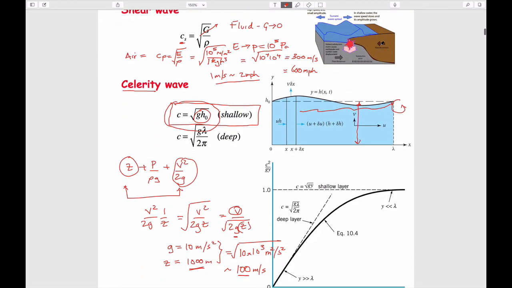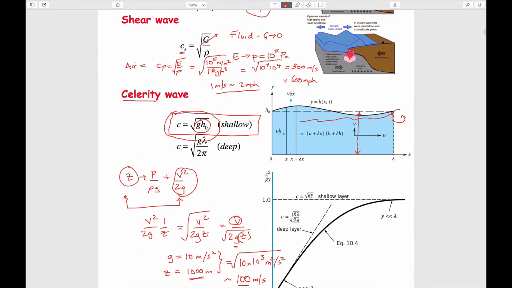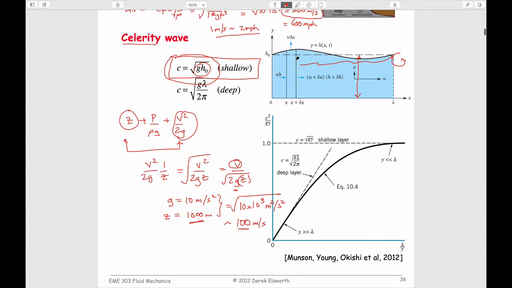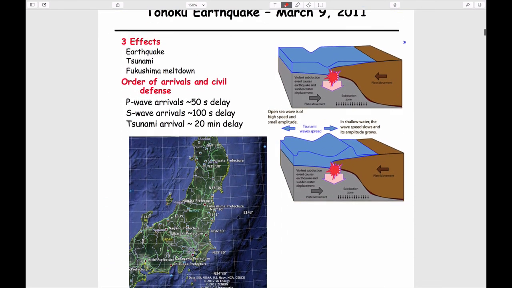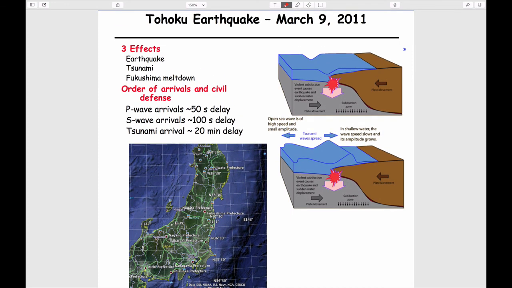The wave speed in a gas is a little bit slower, maybe by a factor of 10. 300 meters a second instead of 1,000 meters a second, but still quite fast. And the surface wave in a liquid, which is really what we're talking about in this class, is actually still quite fast. And so we can use these to look at this one particular example that I want to look at. I've actually spent more time on this than I wanted to.